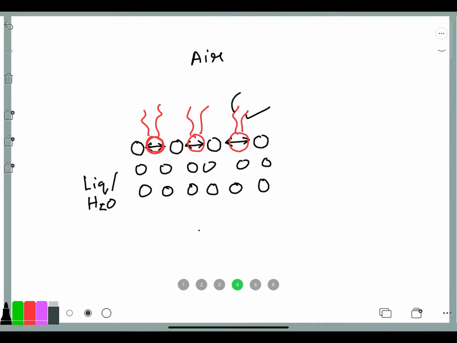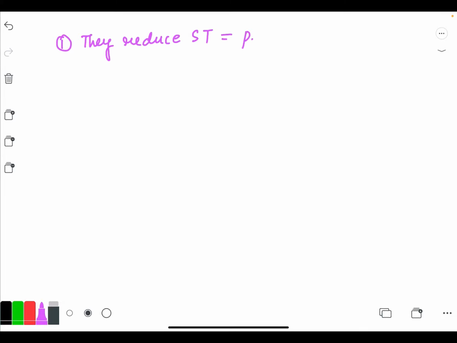Now a few points about the surfactant molecules. One thing we know is that they reduce surface tension, therefore prevent collapse.